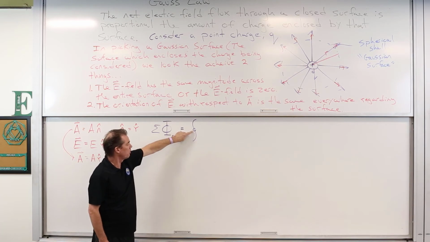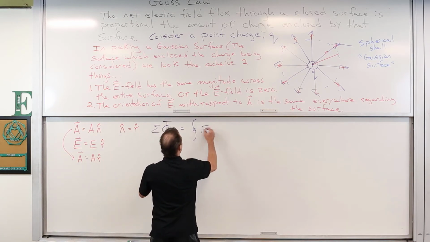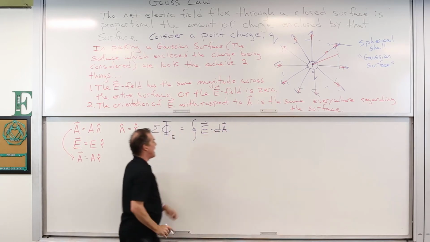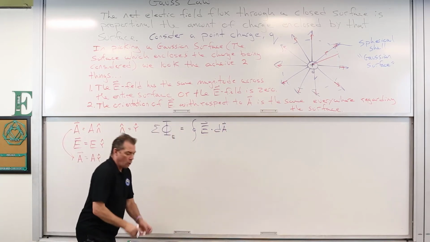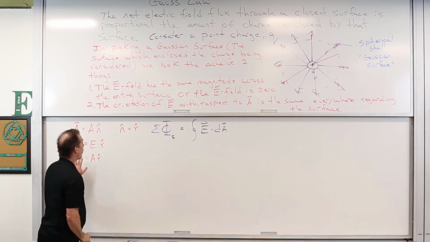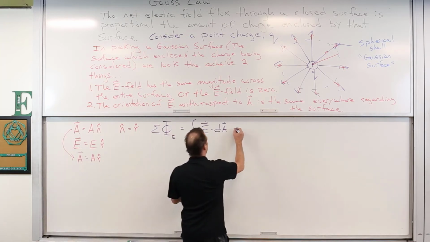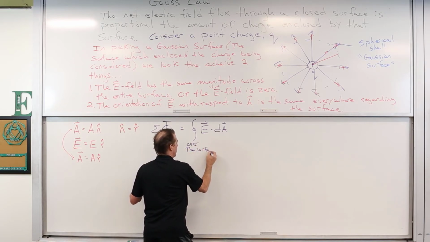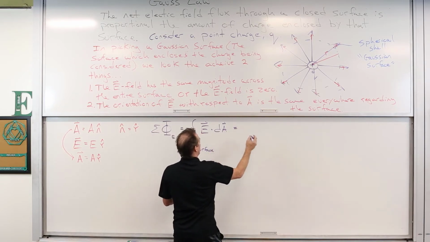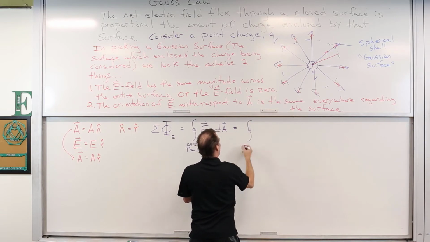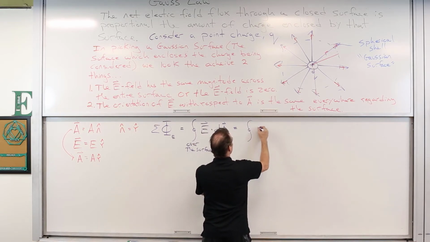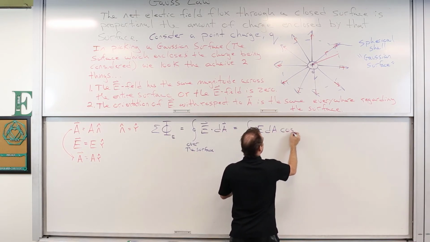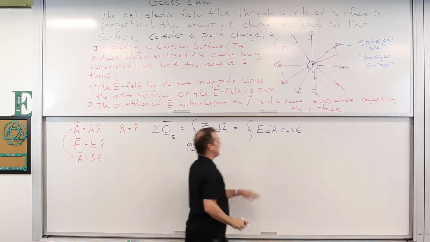So this is a surface integral over a closed surface of E hat dot dA hat. Which, because we have the nice preserved orientation, we can write this as being equal to the integral over the surface of E dA times the cosine theta.